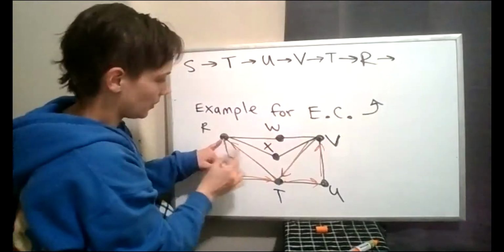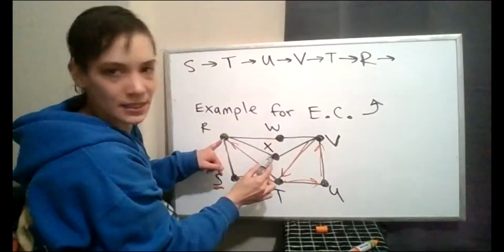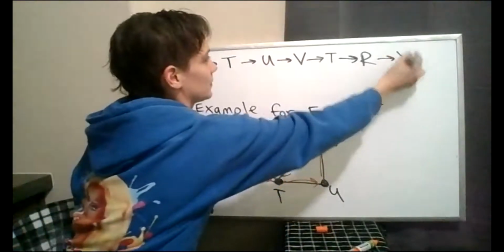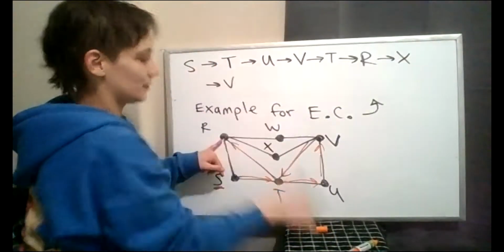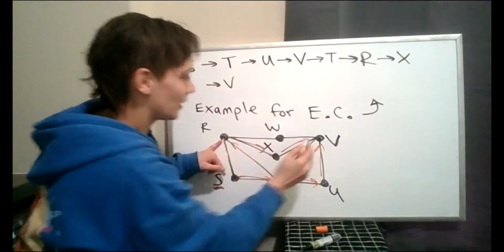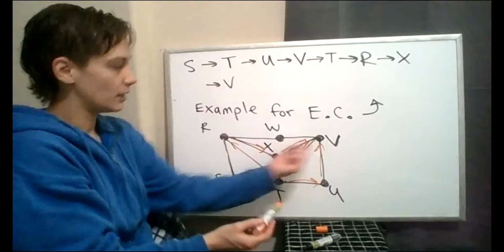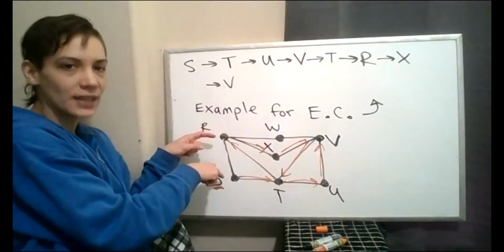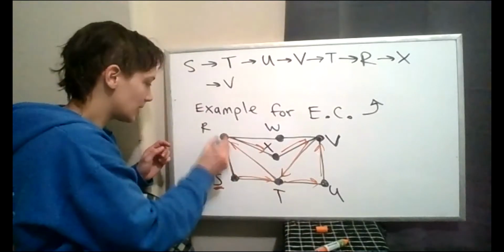As long as I just go, let's go to X and then to V. And we can go through here. We got to go V to W, W to R, and then we can go back down there and reach S.